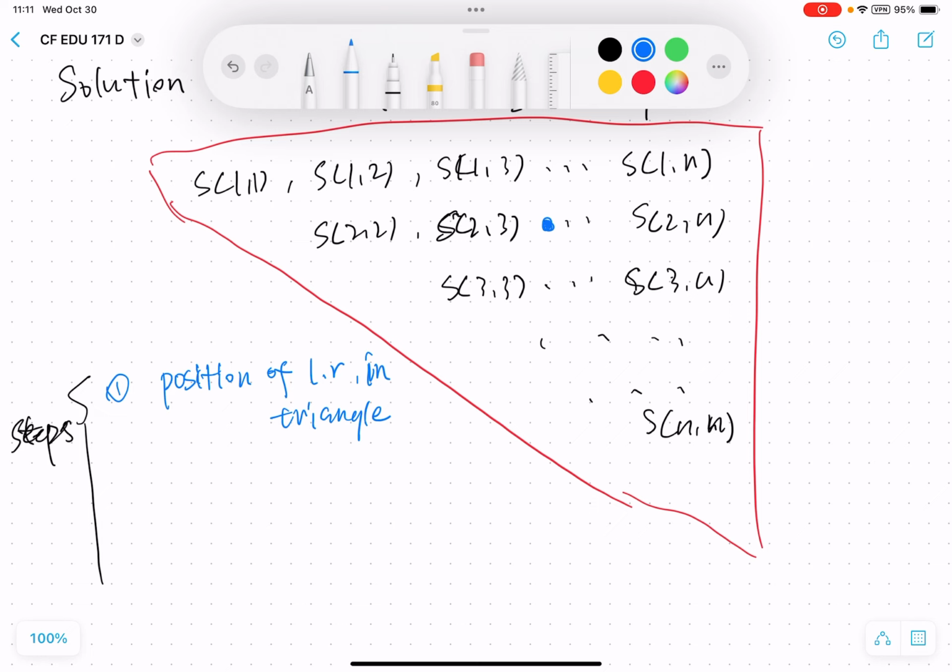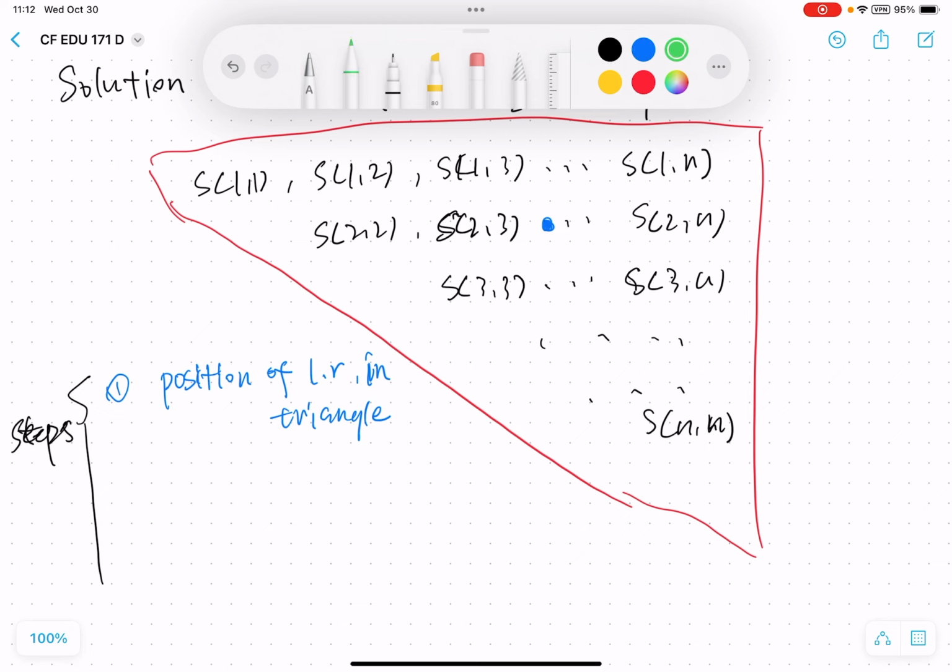That means we need to know the vertical dimension and horizontal dimension. That means L will be located in which column and which row in this triangle. This is the first thing we need to do.